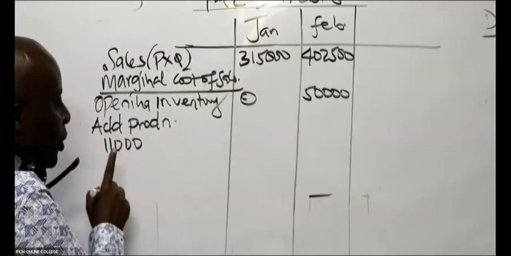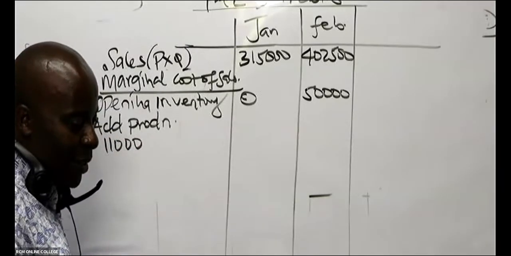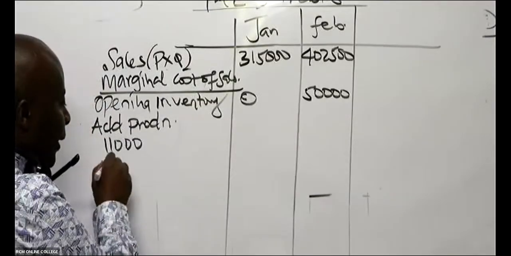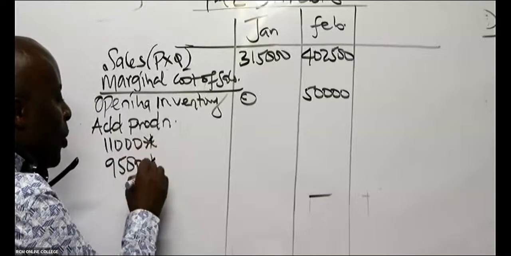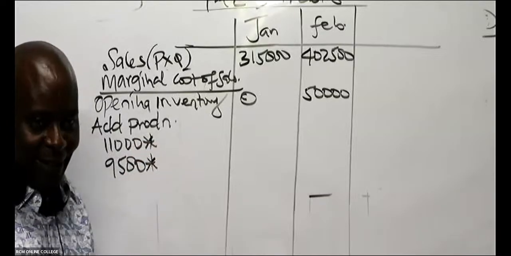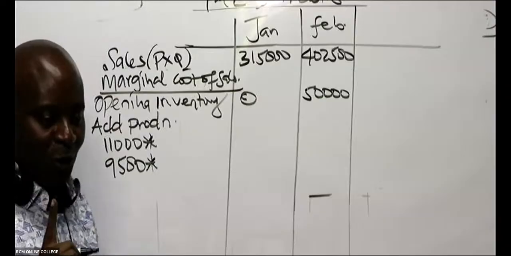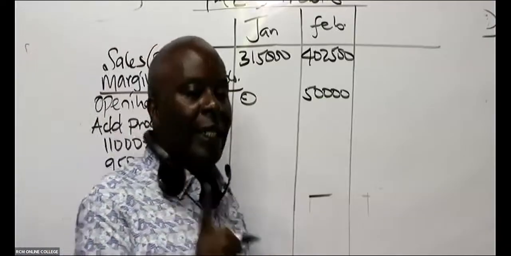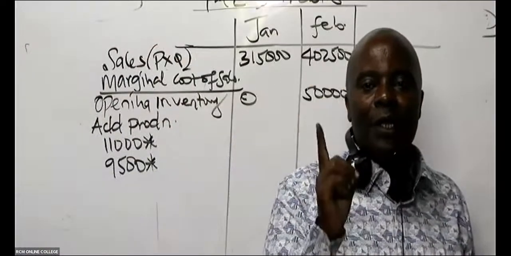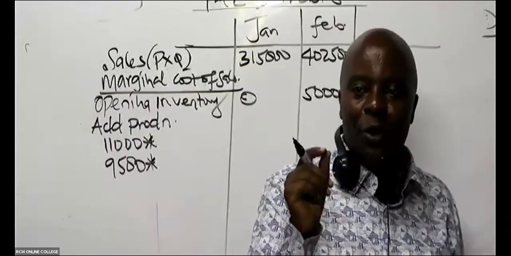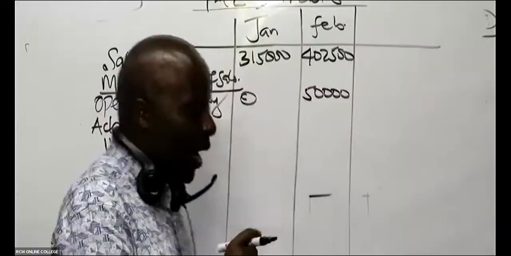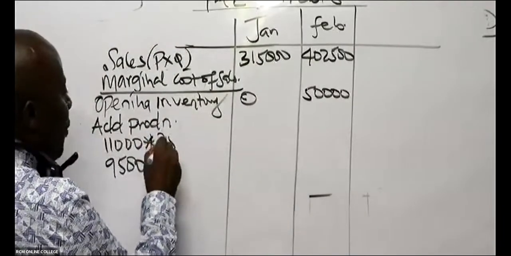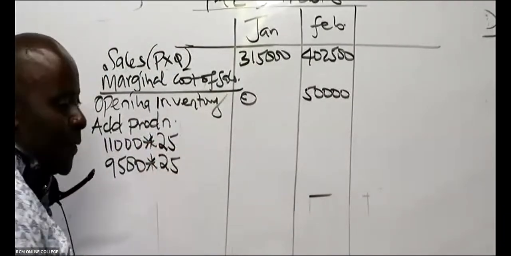How about units produced in February? 9,500. And do we know the valuation of our produced units? Remember, we normally value produced units and inventories in the same way. And if it's marginal costing, then the units you produced were valued at 25. So we have 25 there, like that.